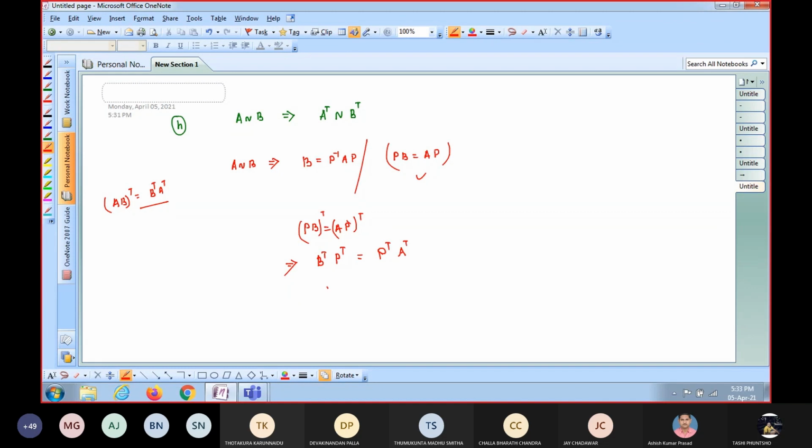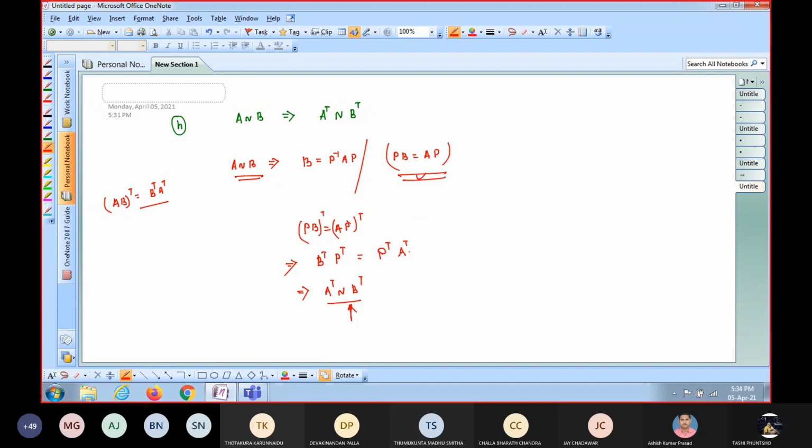So what this means? This means A transpose is similar to B transpose. I am using only this definition. Right?